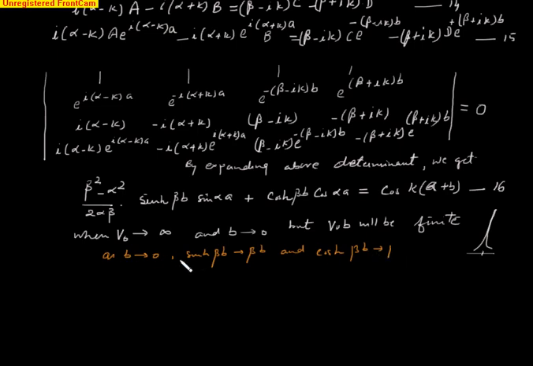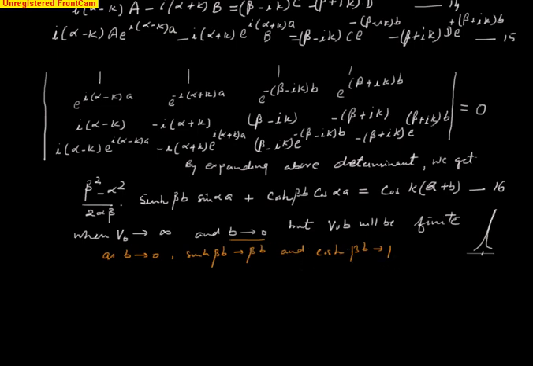So that is a very important point here: we have taken b approaching 0, and when b approaches 0, then sinh beta b will be beta b only, and cosh beta b will be equal to 1. So these are the important results.